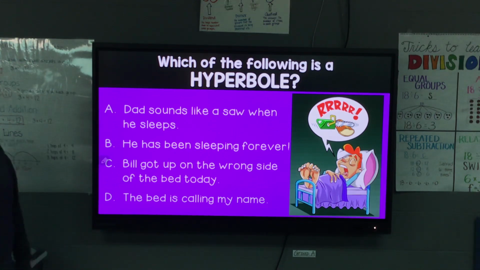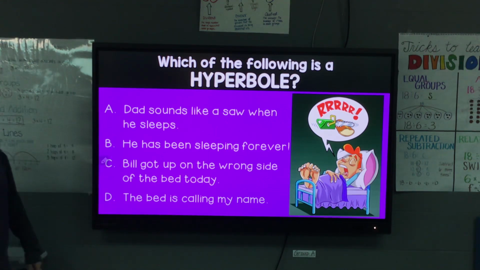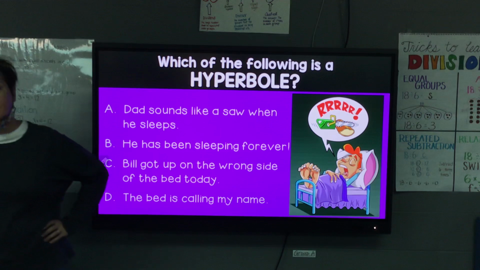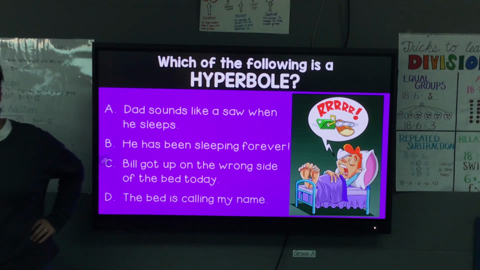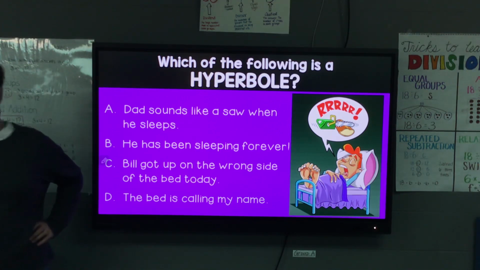Dad sounds like a saw when he sleeps. He has been sleeping forever. Bill got up on the wrong side of the bed today. The bed is calling my name. This one's a little tricky.